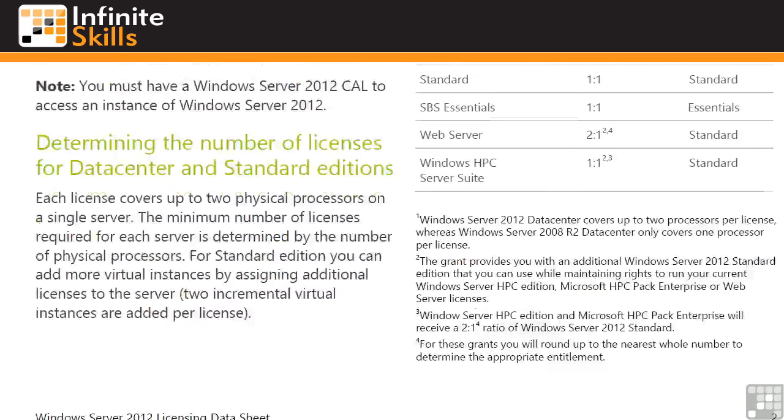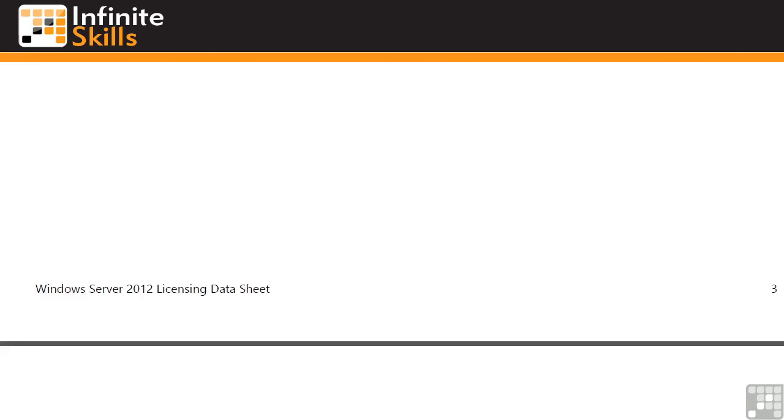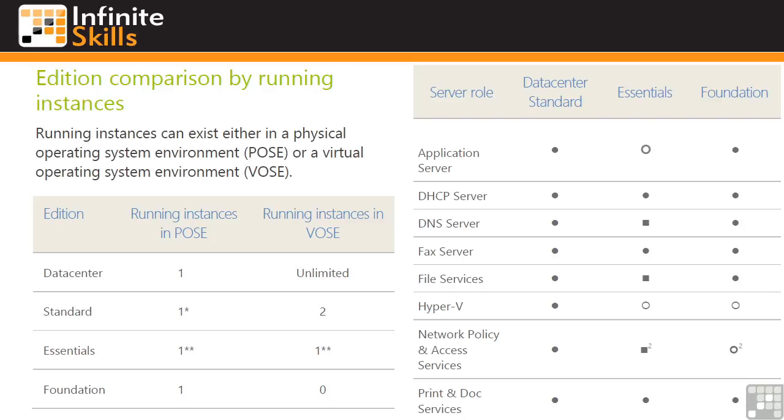As I scroll down to the actual capabilities, you'll notice that Data Center and Standard are shown together. They are functionally identical. They have all the same roles and all the same features. They have exactly the same scalability capabilities as well. There is no reason to use Data Center over Standard in terms of a role you may require or to support a certain type of hardware.